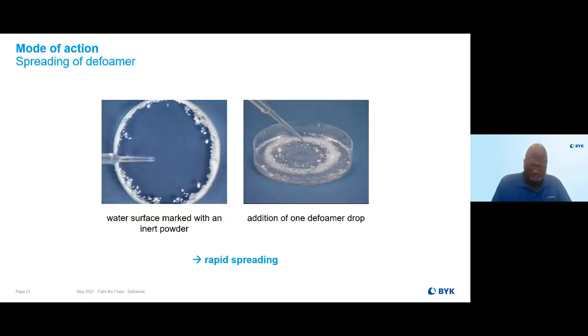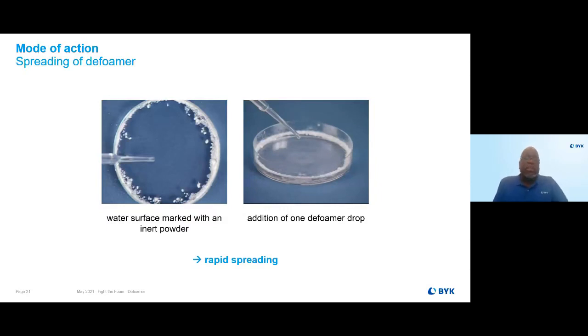Okay, let me slow this down so you can really see what's going on. I think that is considered rapid spreading. That's one thing you highly look for in a good defoamer.